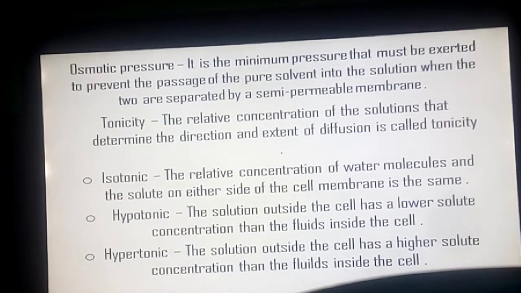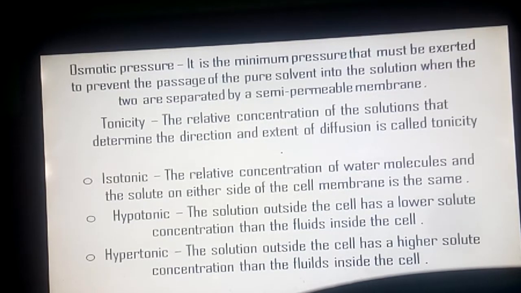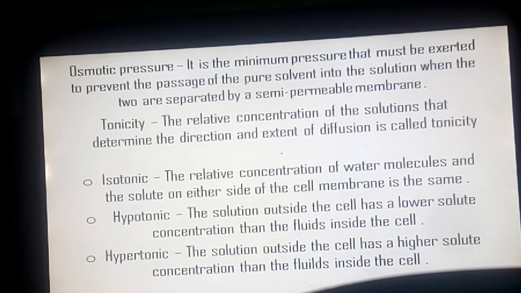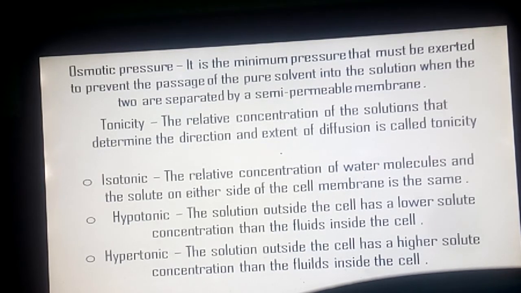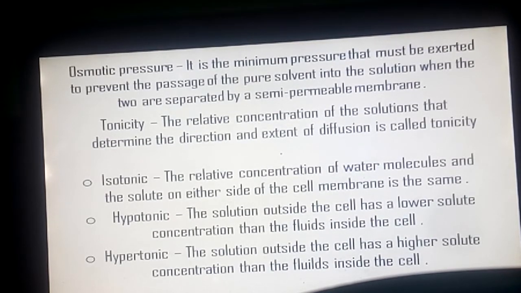To understand these 3 points, we will first take an animal cell and we will place it in an isotonic solution, then in hypertonic and hypotonic. So when we place it in isotonic, there will be no net movement of water, so it remains the same.